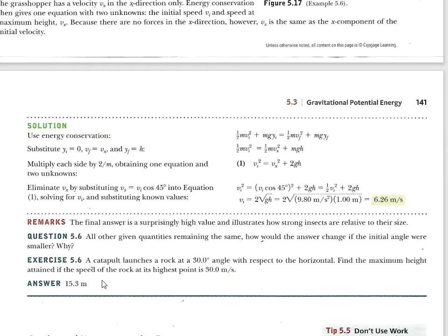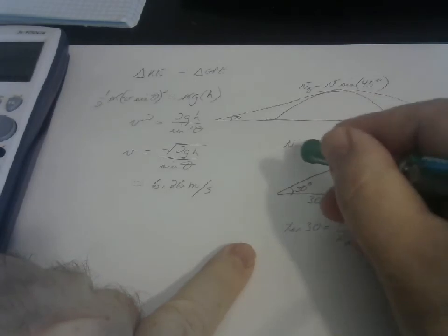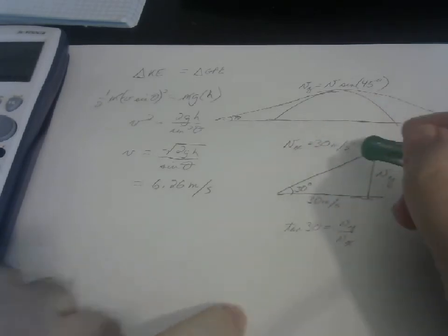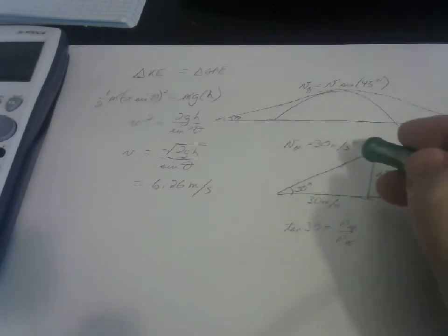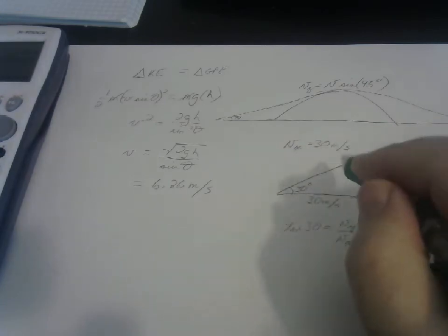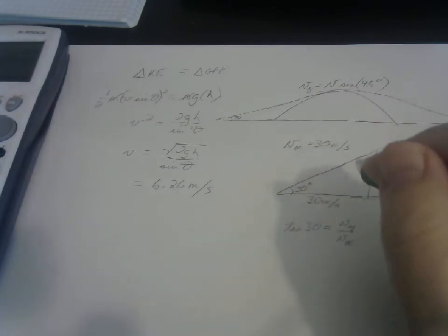In exercise 5.6, a catapult launches a rocket at a 30-degree angle with respect to the horizontal, and we find the maximum height attained if the speed of the rock at its highest point is 30 meters per second. So they tell us that its velocity when it reaches the peak is 30 meters per second. So that means that the velocity purely in the x direction must be 30 meters per second.